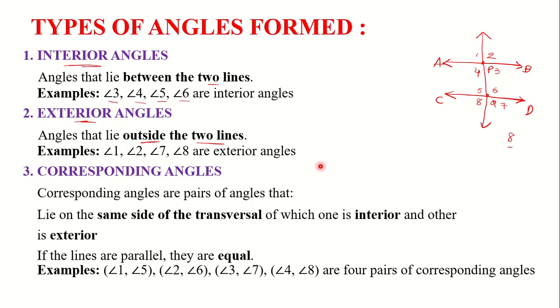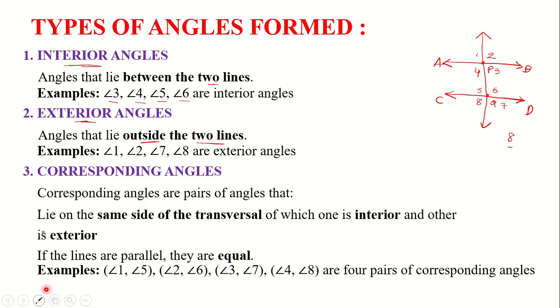So in this pair of angles, which is your first angle and which is your second angle? Corresponding angles are those angles that lie on the same side of the transversal, out of which one is your interior angle and the other is your exterior angle, right?